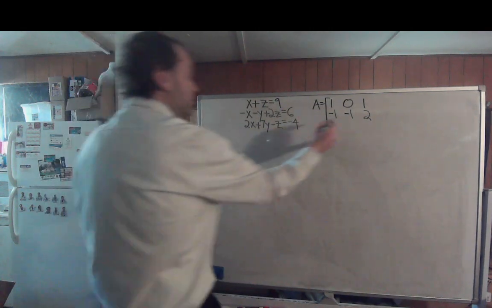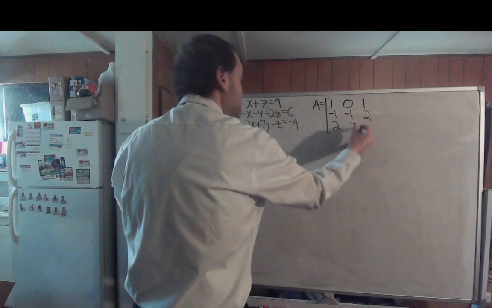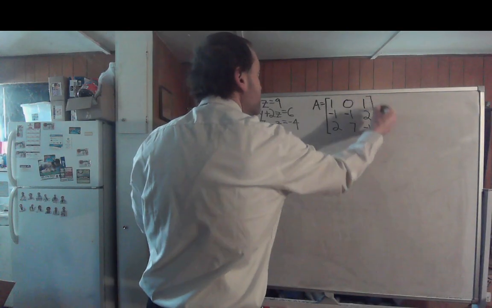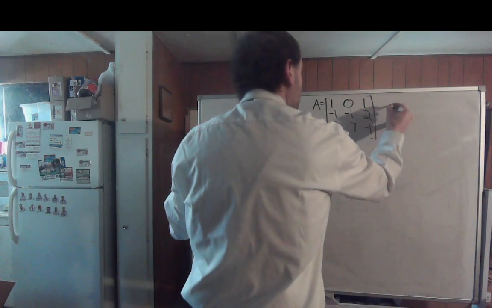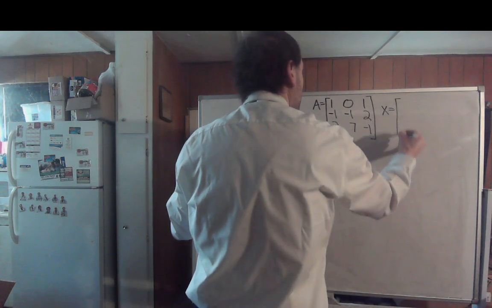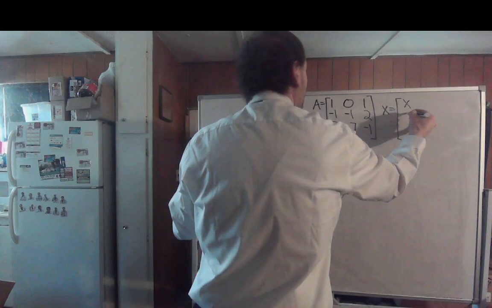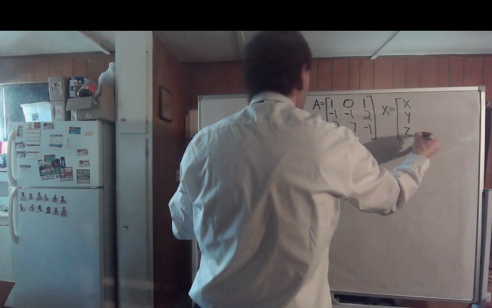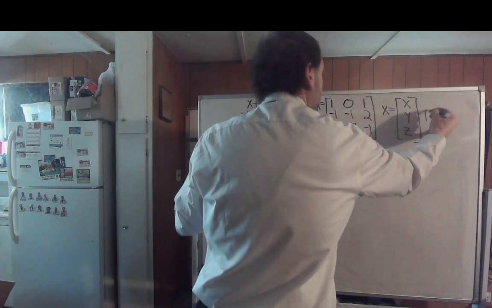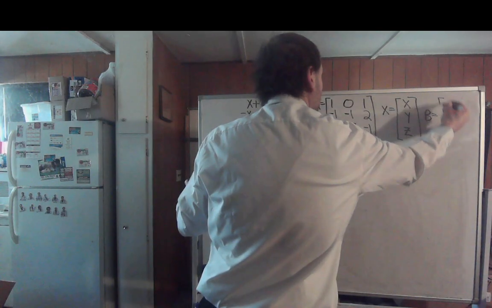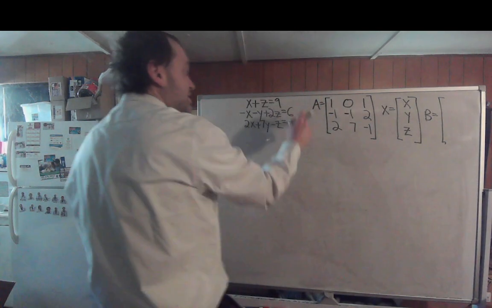And then for your third row, you'll have 2, 7, negative 1. So there's your coefficient matrix of A. X, again, is simply just going to be x, y, and z. And then your B matrix is going to end up being the 9, 6, and negative 4.